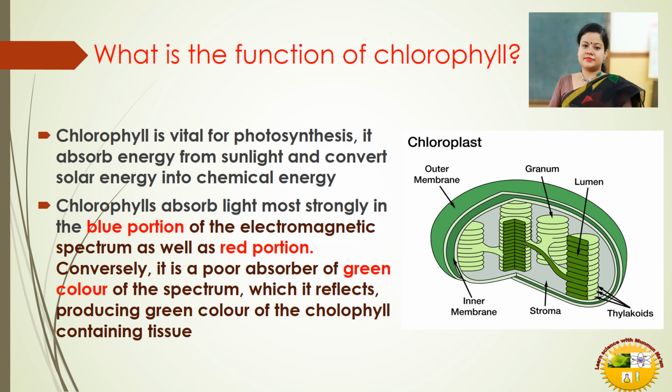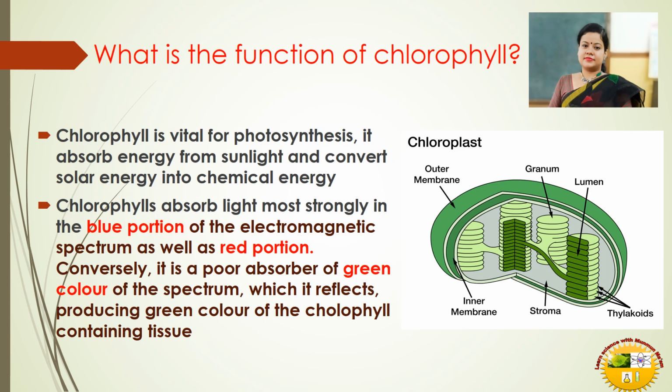Now if you find this difficult to understand, just take it from that we know that there are 7 colors in the sunlight, right? VIBGYOR: violet, indigo, blue, green, yellow, orange and red, right? Out of this, green color is not required for the plant to perform photosynthesis.